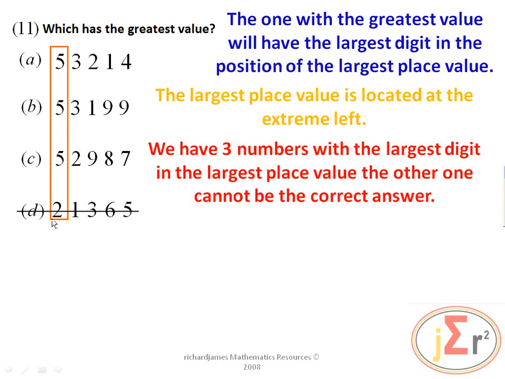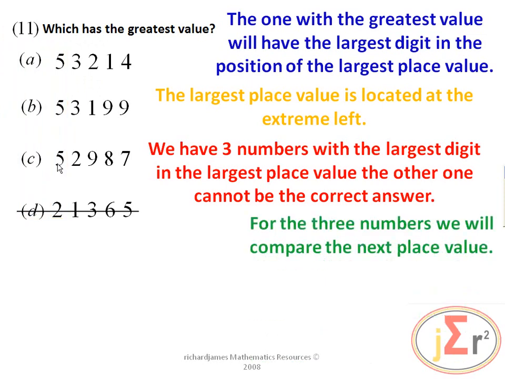Because the leftmost or largest place value digit is less than the largest place value digits of the other numbers. All of these have the largest digit in the largest place value column. So what do we do?